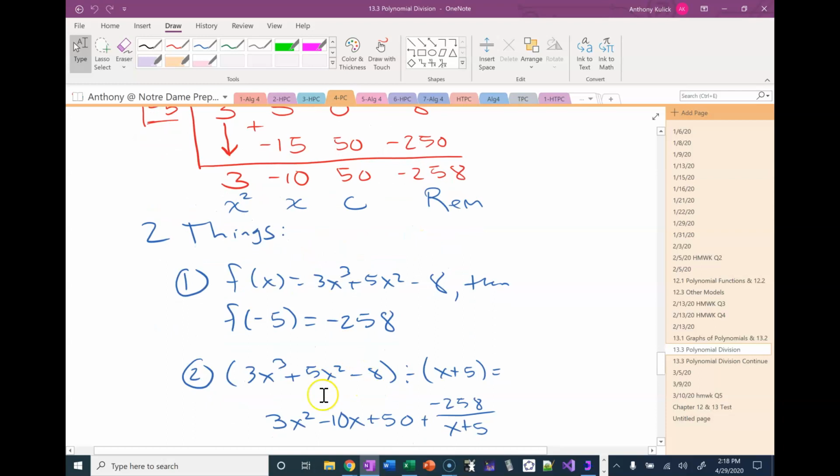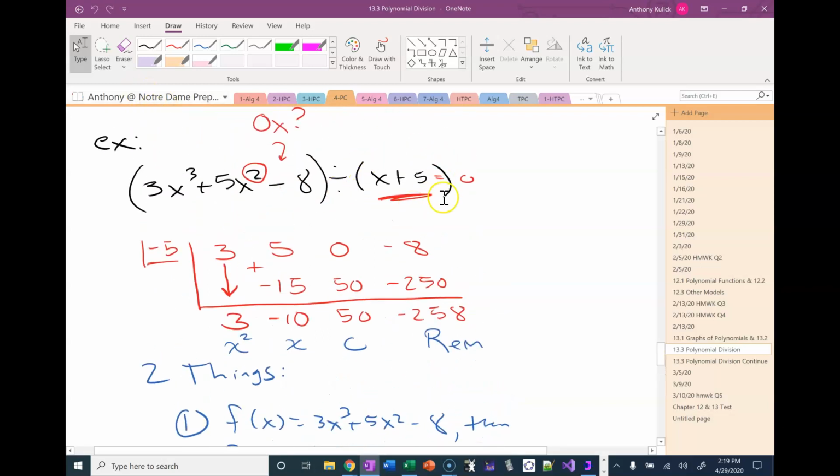The second thing is, it gives me the answer to the division problem, which for us is going to be the more interesting part. It tells me that 3x cubed plus 5x squared minus 8 divided by x plus 5 is equal to, starting from the far right, the remainder. So I have negative 258 over the divisor, which was x plus 5.